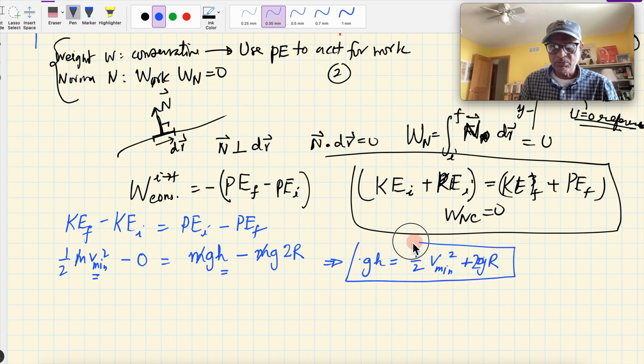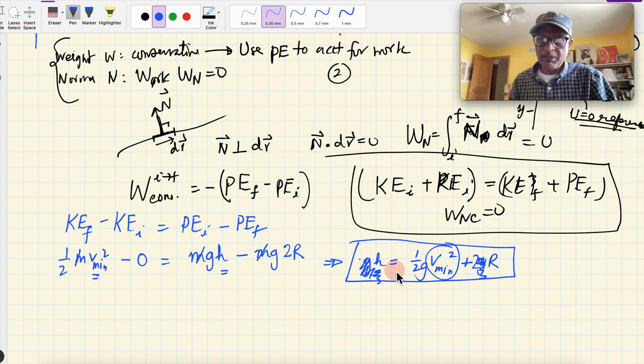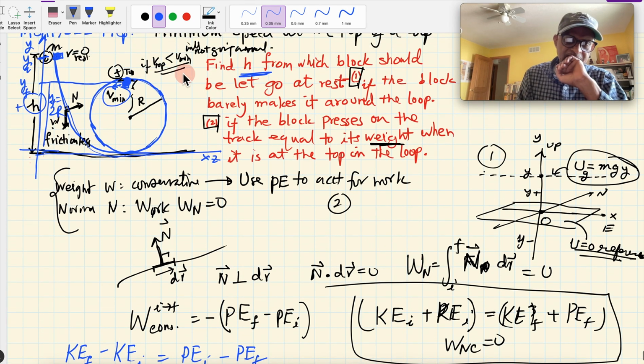So this would be the answer for h, or if we divide by g, this will be the answer for h if I know what v min is. How do I get v min? Let's look at what v min has to be here.